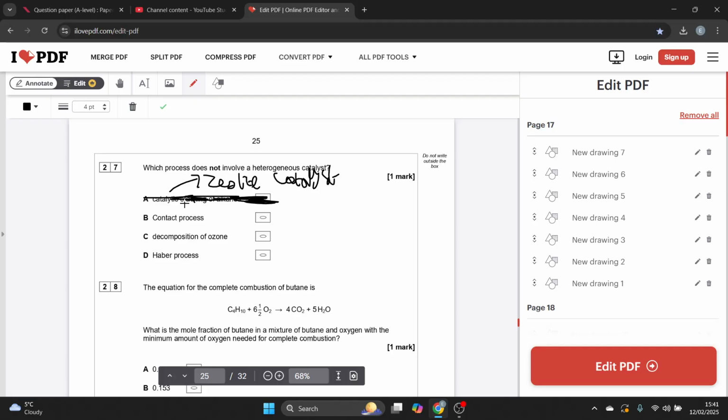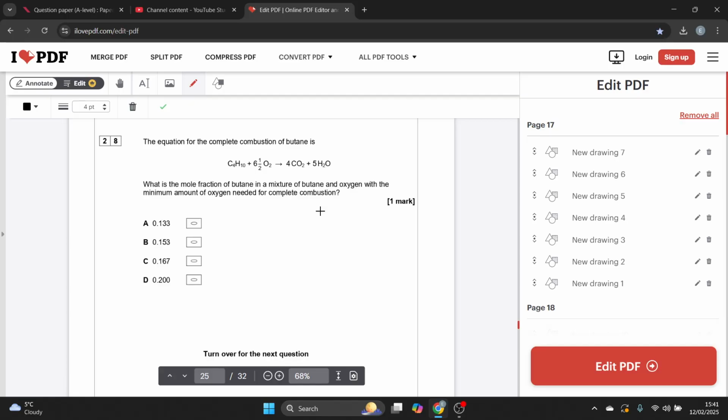A catalyst which is in a different phase or state to the reactants speeds up the rate of reaction without being used up. Contact process, that does involve a heterogeneous catalyst. Decomposition of ozone, yeah, that does not involve a heterogeneous catalyst.